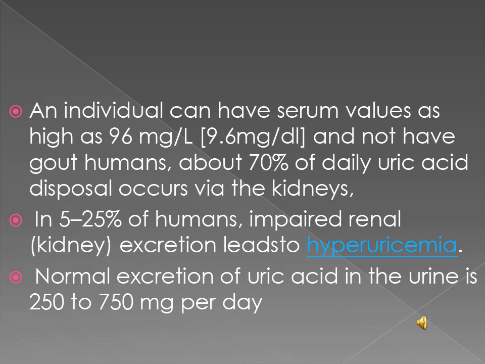Normal excretion of uric acid in the urine is 250 to 750 milligram per day.